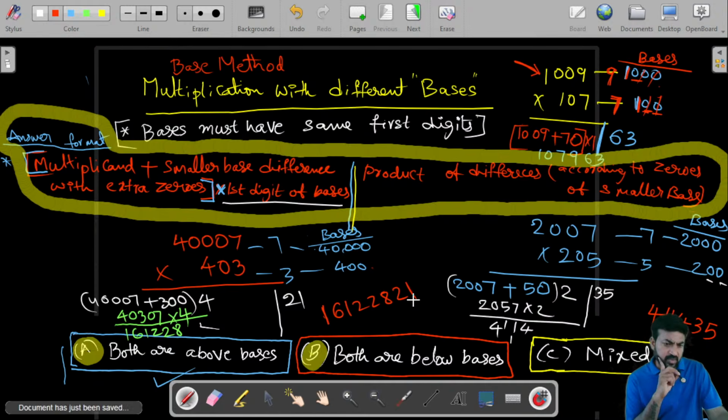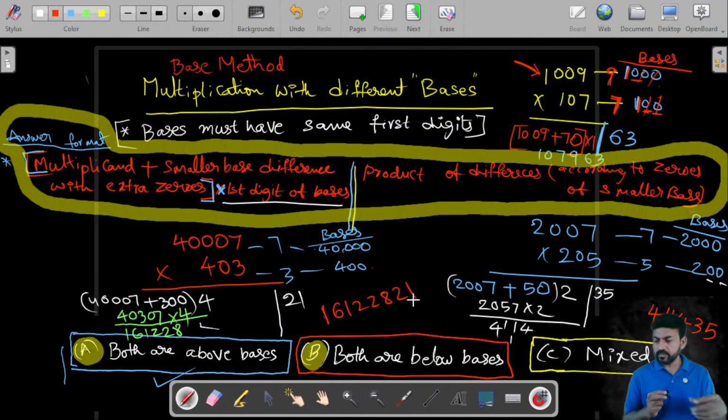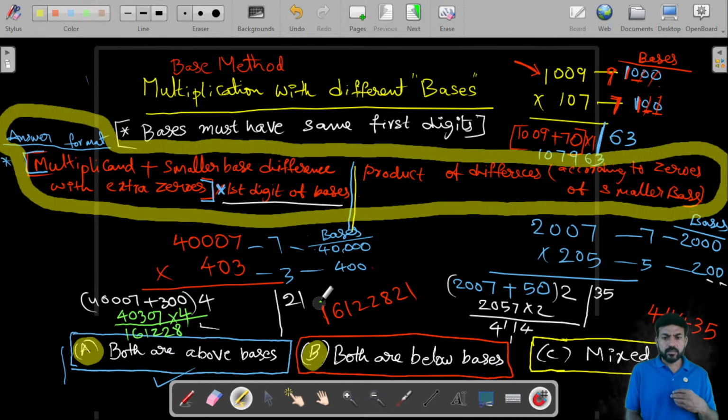Only one student got the correct answer. Yes, Rohit, you got the correct answer. This is the correct answer for this problem.